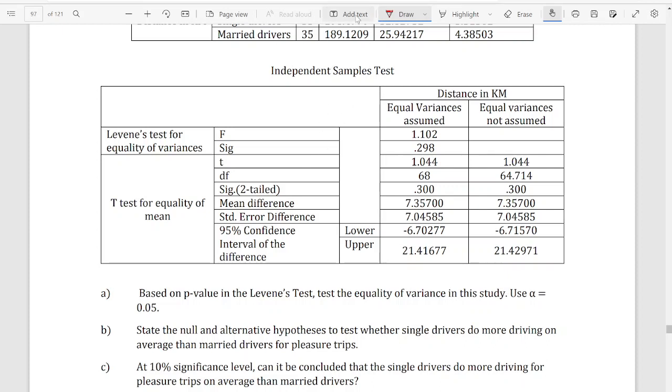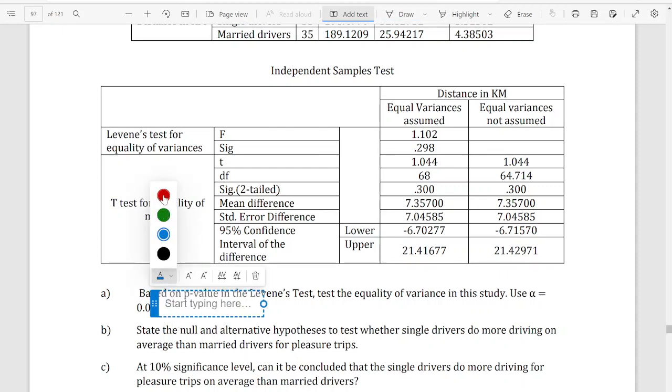So by right, in this situation, if you want to write down the hypothesis for the Levene's test, okay, the hypothesis for the Levene's test is basically H0: equal variances assumed, against H1: equal variances not assumed.